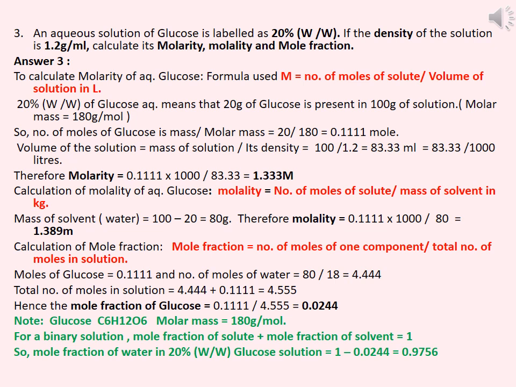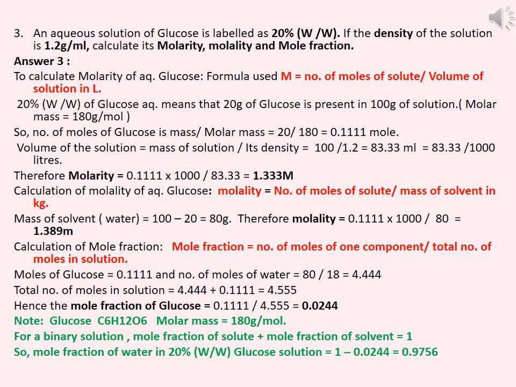We know the mass of the solution, which is 100 grams. From the mass of the solution, on subtracting mass of the solute dissolved, that is 20 grams, we get mass of the solvent to be equal to 80 grams. Therefore, express the mass of the solvent in kilograms. So that would be divided by 1000.